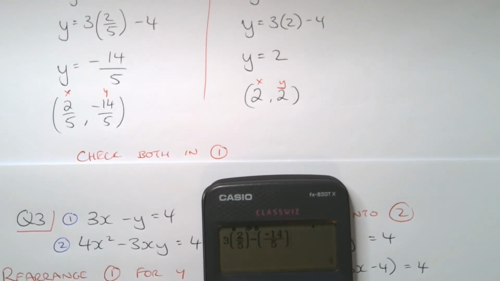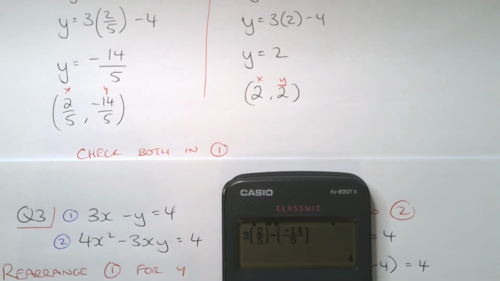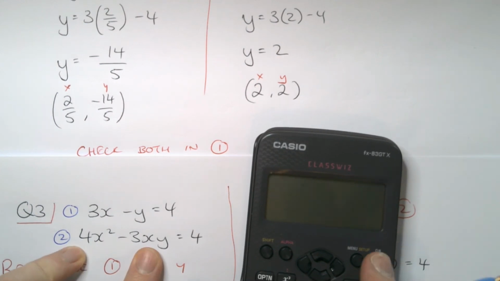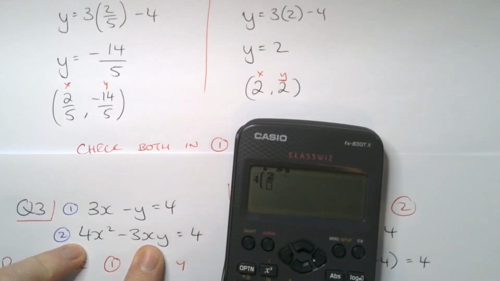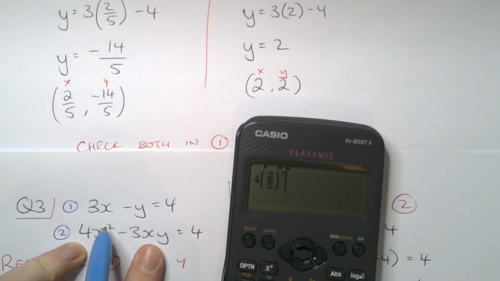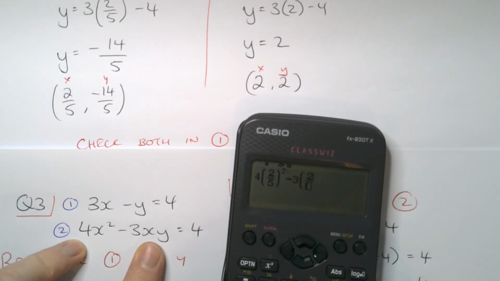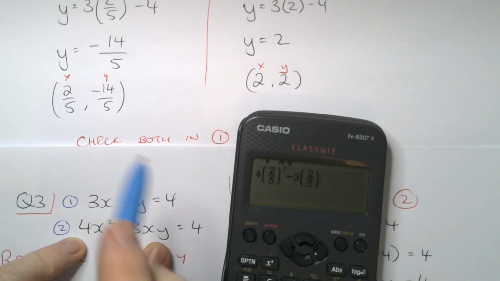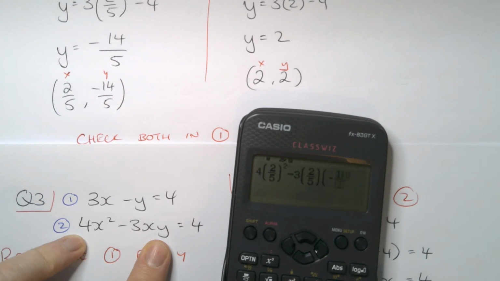Doing that in my calculator, I get an answer of 4, which is exactly what I should be getting here, so that's great. If you're not sure, you can even check it again for the next one. So you say 4 bracket 2 over 5 squared, because it's 4x squared, minus 3 bracket 2 over 5, and then by the y value, so my y value here is minus 14 over 5.